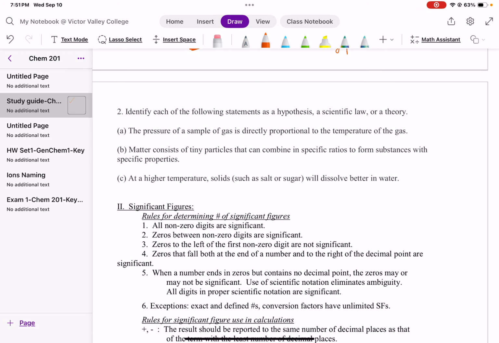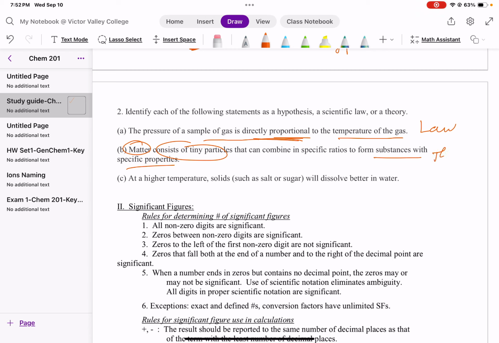Here are a couple more good ones. The pressure of a sample of gas is directly proportional to the temperature of the gas, meaning if temperature goes up, the pressure also goes up. That's directly proportional, so that is always true. That's a scientific law. Matter consists of tiny particles that combine in specific ratios to form substances with specific properties. The words tiny particles mean atoms, right?